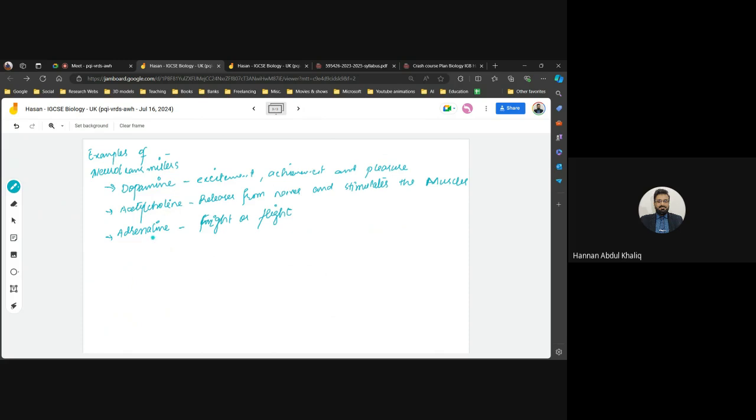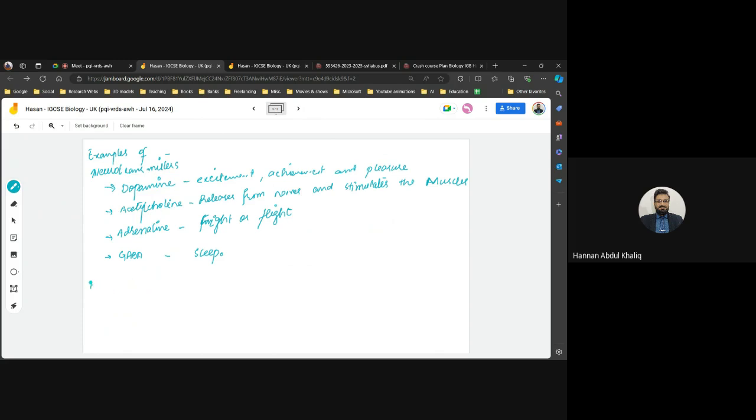Dopamine, acetylcholine, adrenaline. Then there is another one called GABA. It is responsible during our sleep. There is another one, melatonin, but that is a hormone. Hormone and neurotransmitter are different things. So there are some others, but we don't need to know about them.